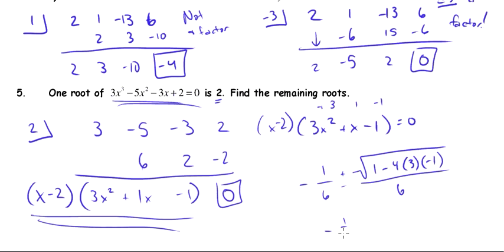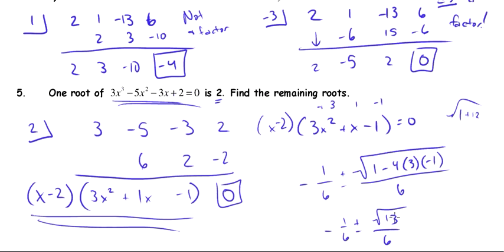So we got negative 1/6 plus or minus. Let's see, this is going to be 1, and then 3 times 4 is 12, and then negative 1, so plus 12. So we end up with a square root of 13.